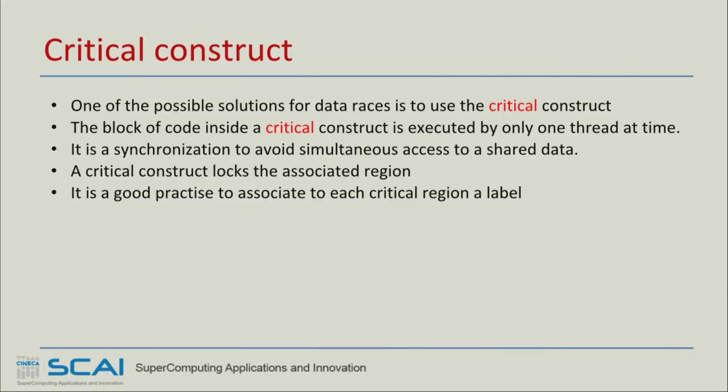In some cases, one of the possible solutions for data races is to use the critical construct. When you use a critical construct, you define a block inside the parallel region that can be executed by one thread at a time. In this way, you avoid simultaneous access to shared data.